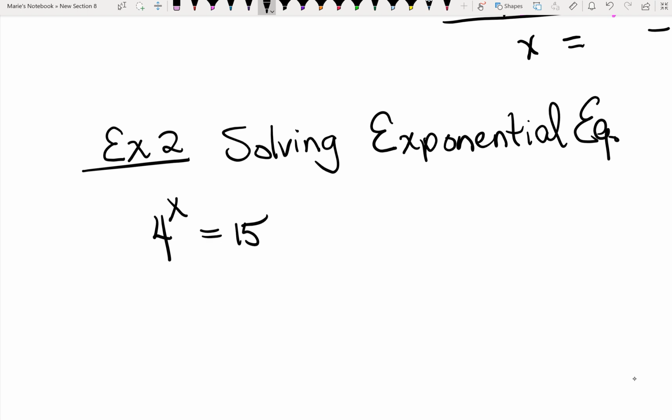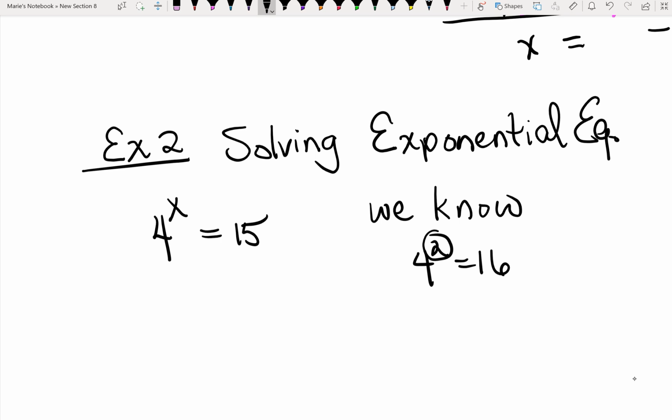Now I want you to stop for 1 second and think of the fact that we know that 4 to the 2nd is 16. So we can estimate, just by looking at it, that this x that we don't know is going to be pretty close to 2.